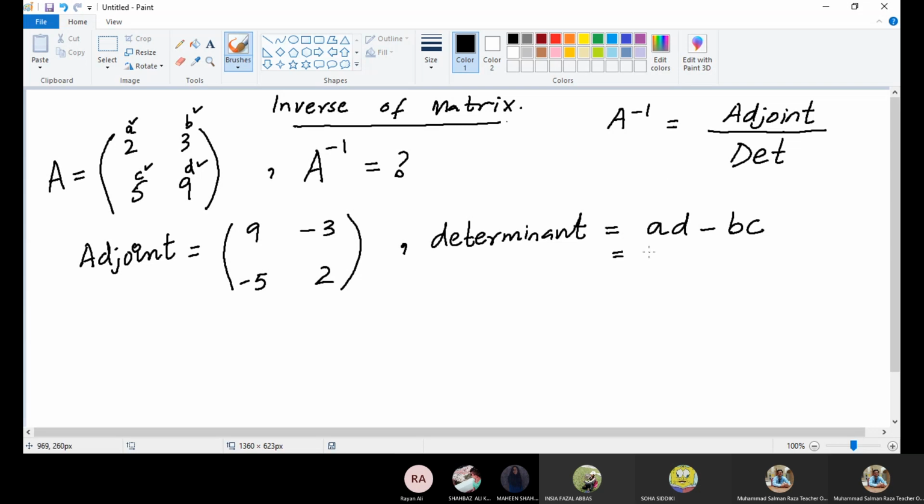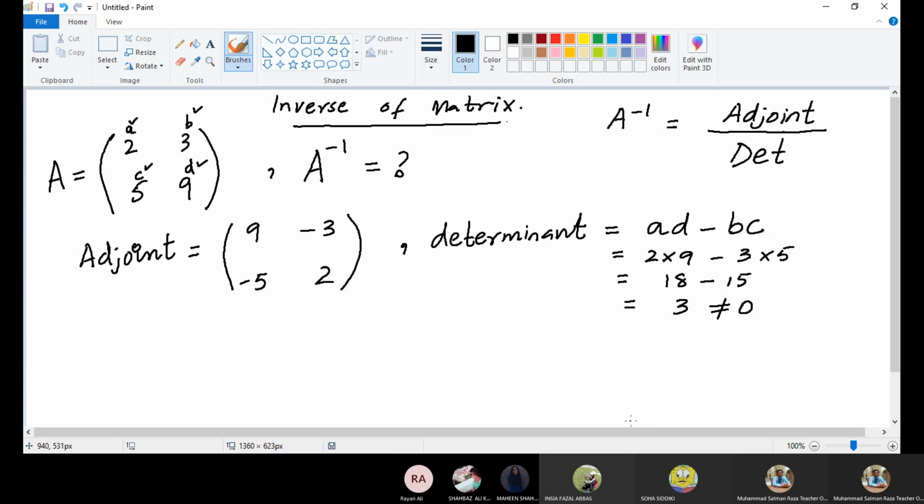A is 2 over here and D is 9 over here, minus 3 over here and 5 over here. So 2 nines are 18 minus 5 threes are 15, and the final answer is 3 over here. Make sure, guys, that you are not getting a 0 over here. If you get a 0 over here, then the inverse is not possible.